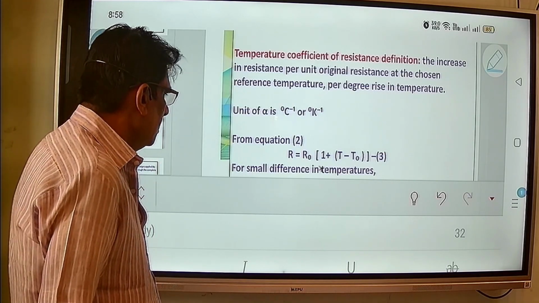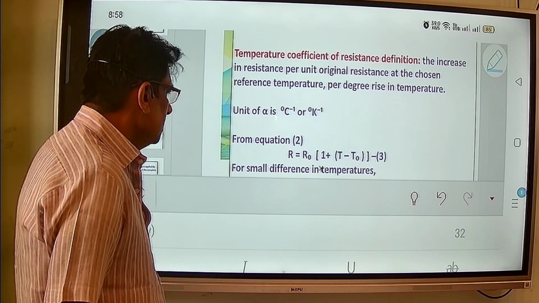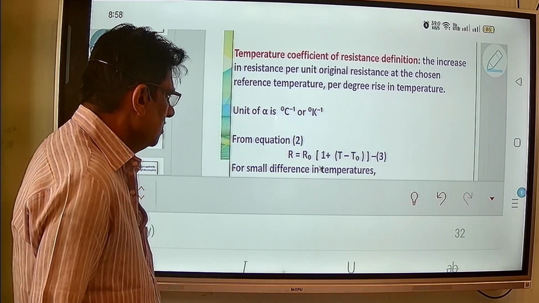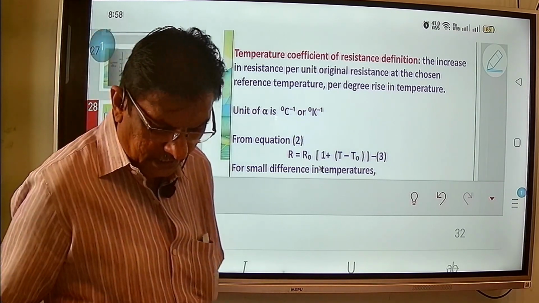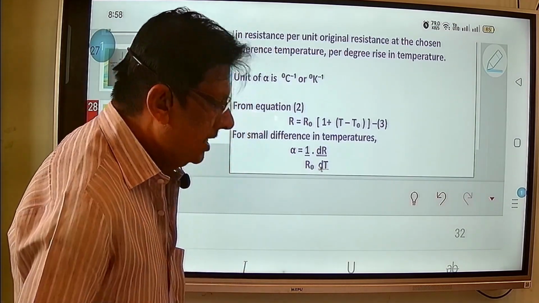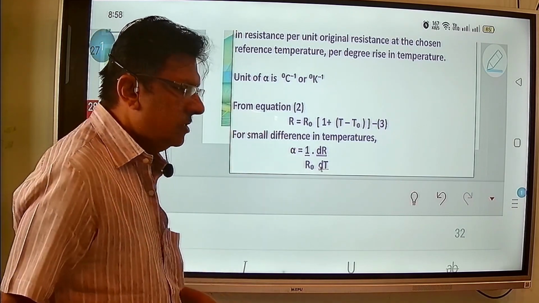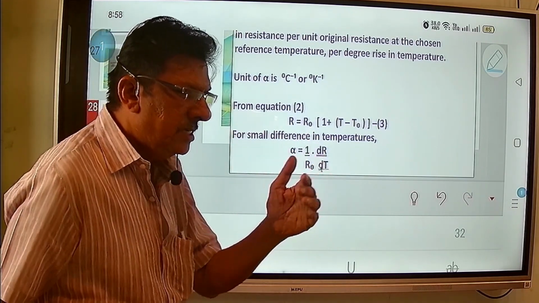Now this equation is called equation number 3. Now for a small temperature difference, we have seen rho minus rho 0, and we have seen T minus T0.